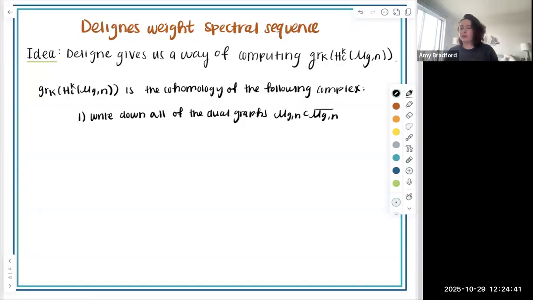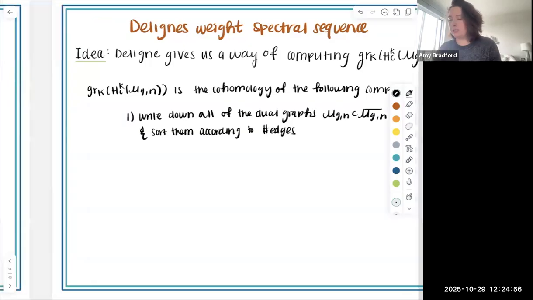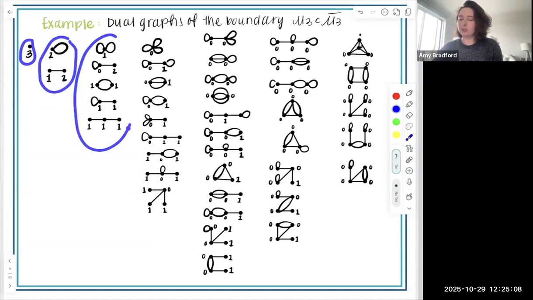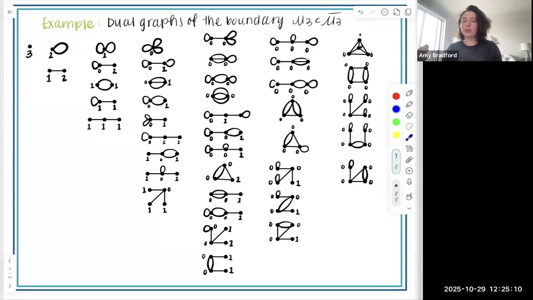And then what we're going to do is sort them according to the number of edges. And so in this running example that we're doing, this is for M_{3,0}, and these are all of the dual graphs, and I've already sorted them according to the number of edges in the dual graph. So that's the first step that you would do.